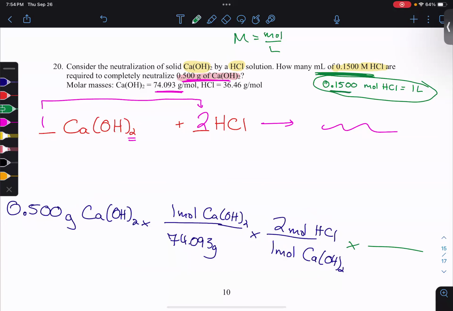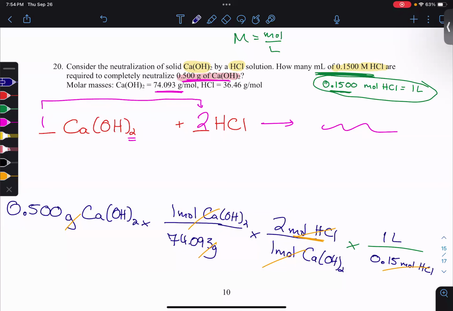Where is the 0.15 gonna go? On the bottom. It's gonna go on the bottom because if we cancel everything here, we're right now in moles of HCl. So I wanna put the 0.15 moles of HCl on the bottom so those 2 numbers cancel, all right? Leaving us with the 1 liter up top.